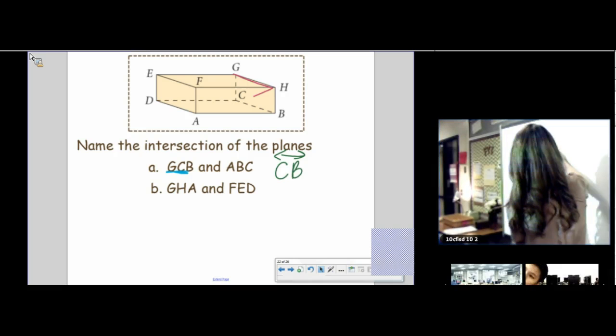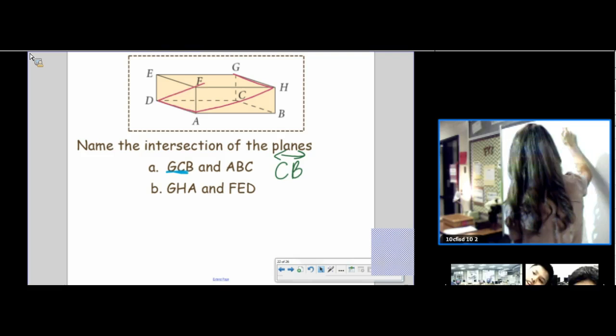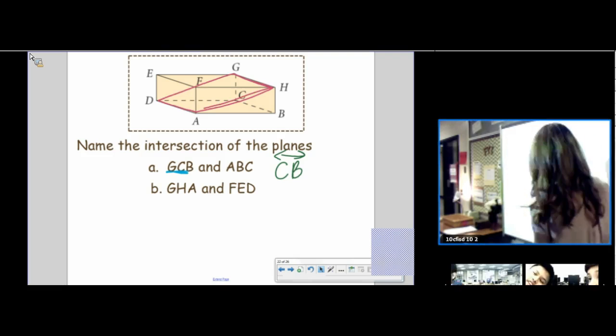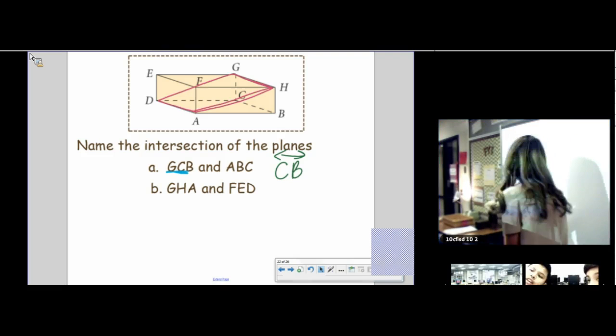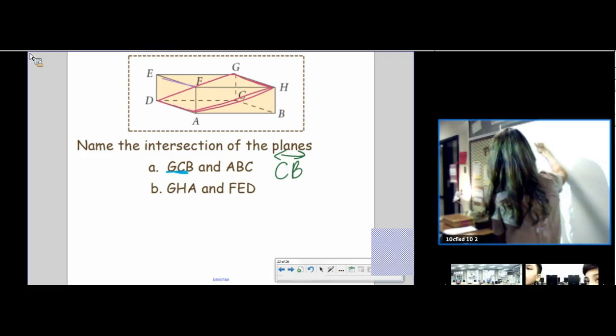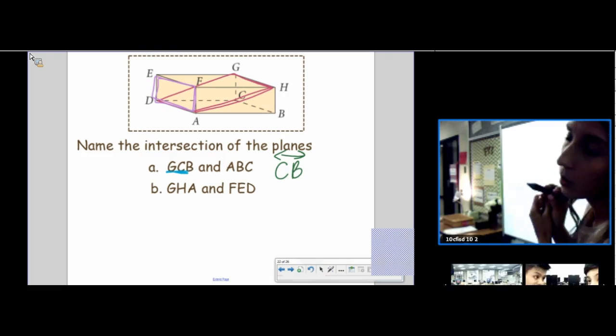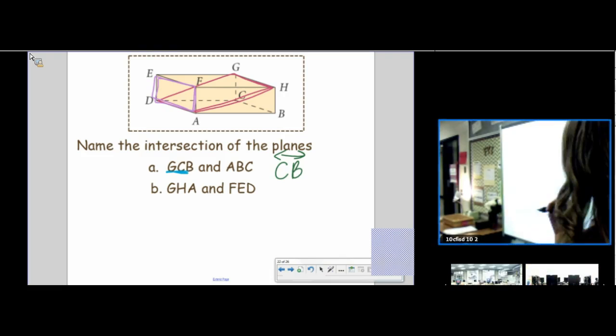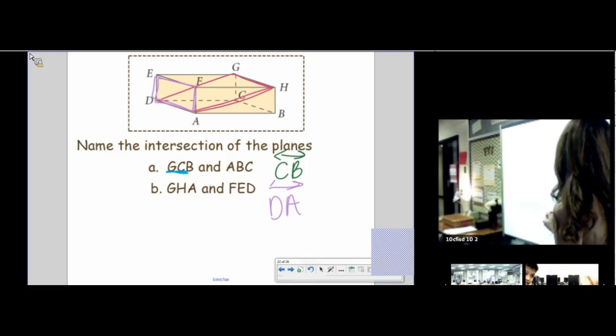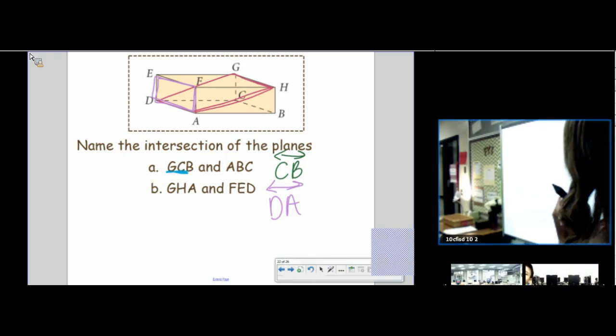One of these planes is shooting through your prism, so that got kind of confusing. And the other plane is this side right here. So it's saying, where does the purple intersect the red? And the answer, y'all were all saying it correctly. The answer was DA. Very good.